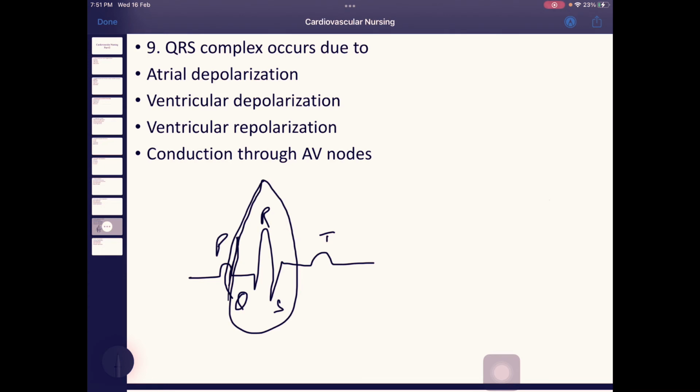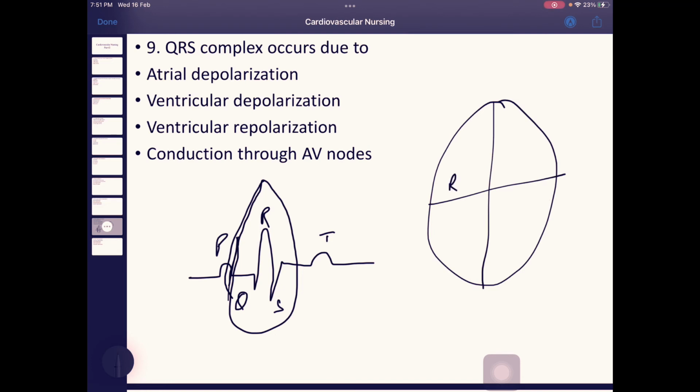As we see in the heart, this is the right atrium, left atrium, right ventricle, left ventricle. This is the SA node. As I said, the SA node initiates the electrical activity, it spreads throughout the atria and causes the atria to contract, and during the contraction of the atria it generates the P wave on the ECG paper.